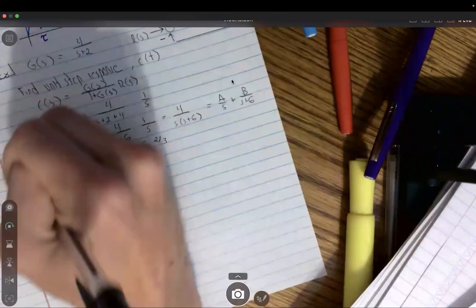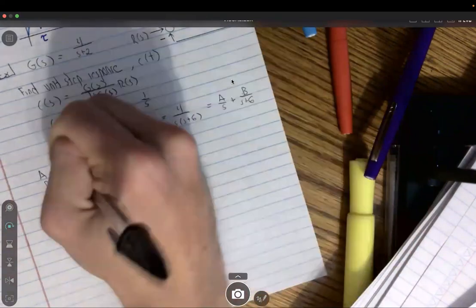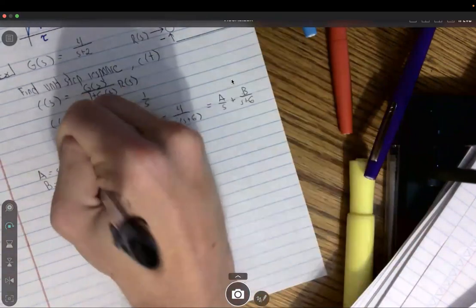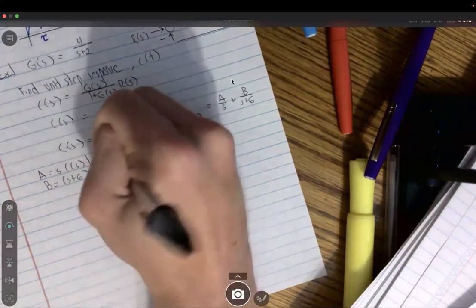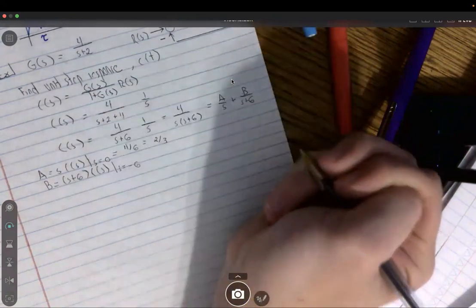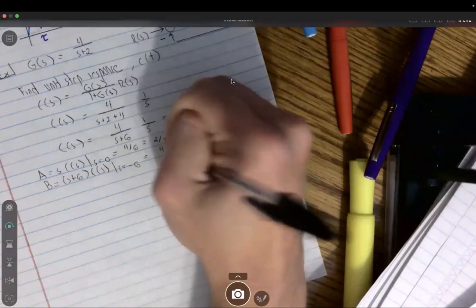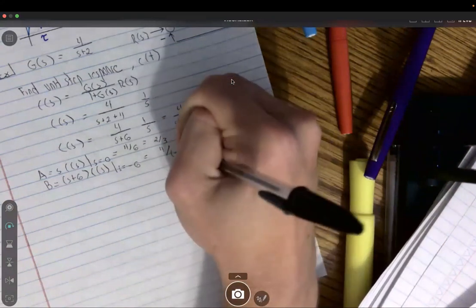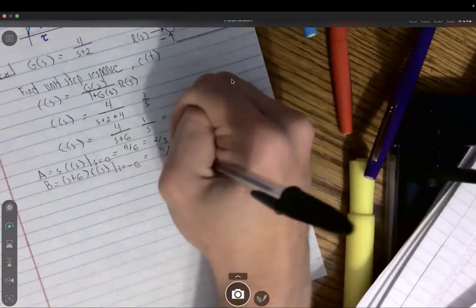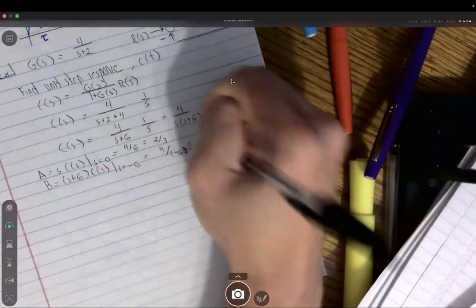Great job. Now B is equal to S plus 6 times C of S, evaluated at S equal to -6. We get 4 all over -6, and the other term cancels out, of course. So it's equal to -2/3.